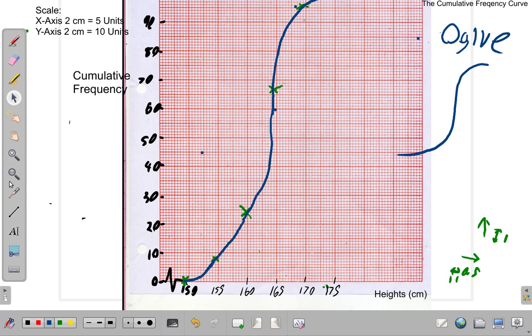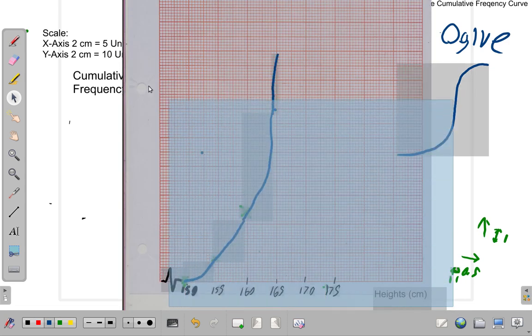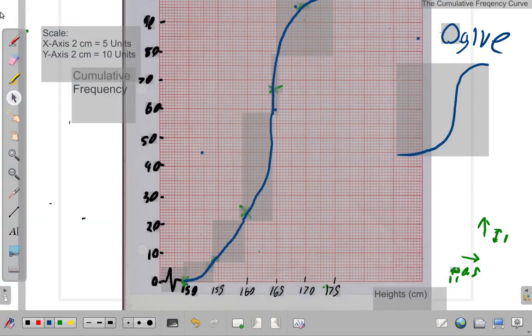Now it's called an ogive. Let me put everything here in one, so that when I move them I won't have much of a problem.